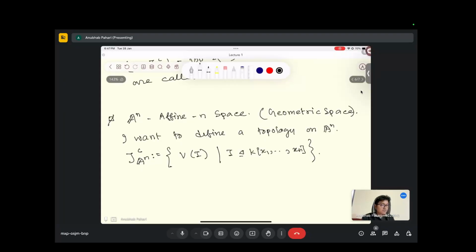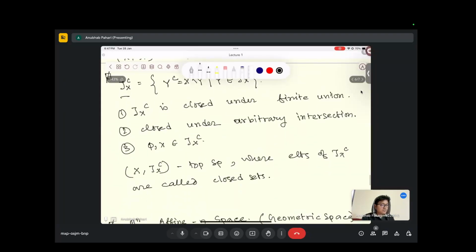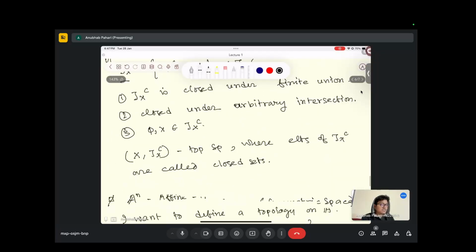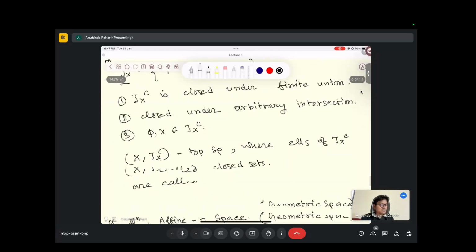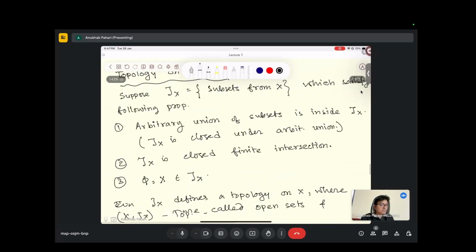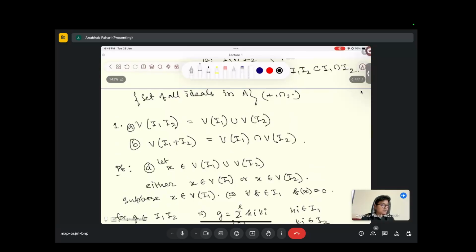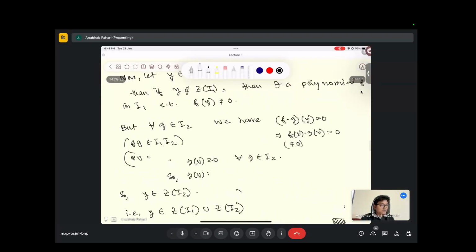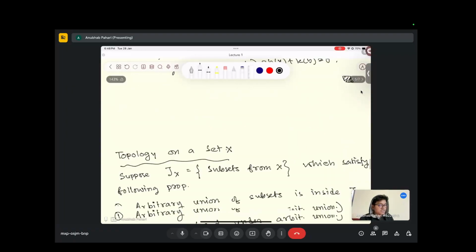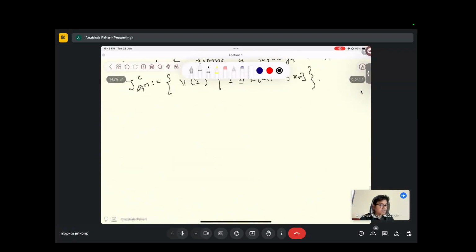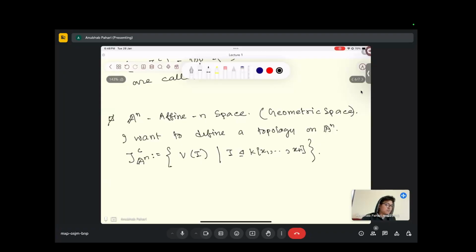Now try to see whether these subsets satisfy the three conditions. You have already seen this result, that V(I1) union V(I2) is V(I1 I2), the product. Now you know that the operation of product is only possible up to finitely many times, right?